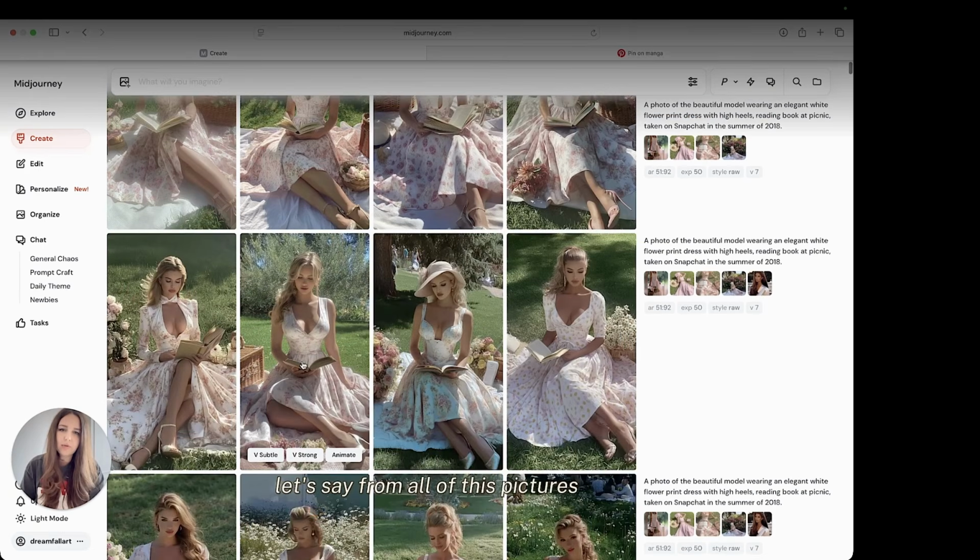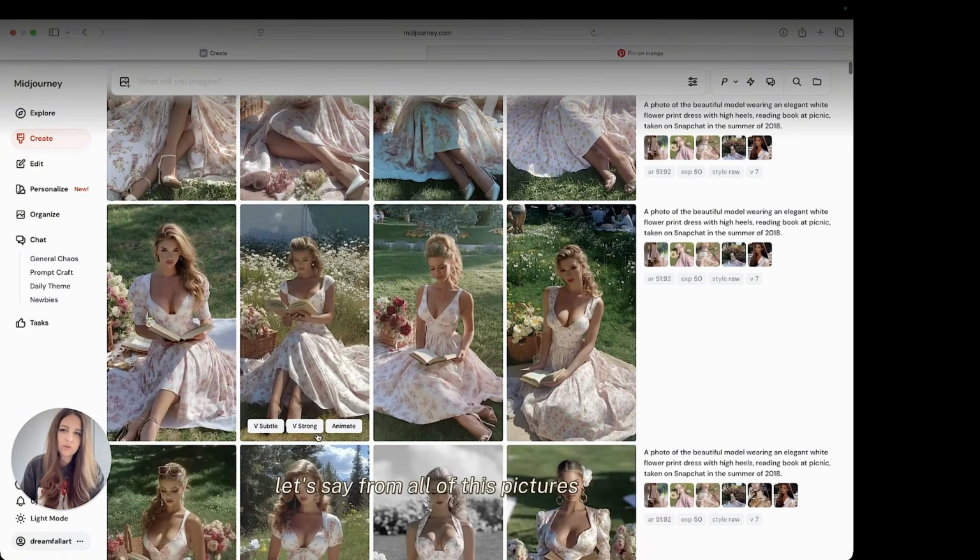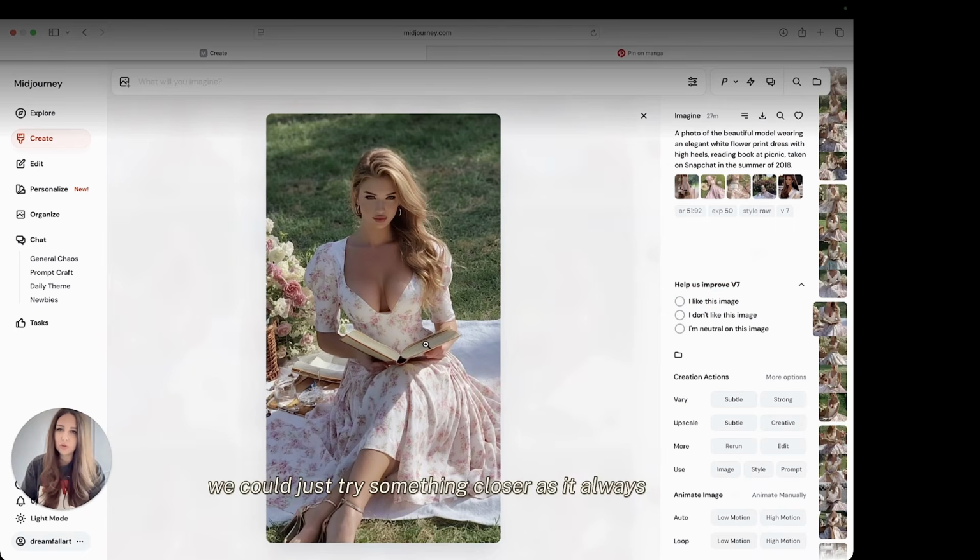Let's say from all of these pictures, we could just try something closer, as it always works for me. She has a neutral background that we could later use in the story, like to show more background. For example, for the first scene, this one may be good because in my experience, and we will talk about this later as well, I realized that the closer the first scenes are, the better.